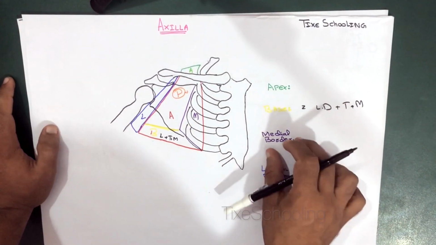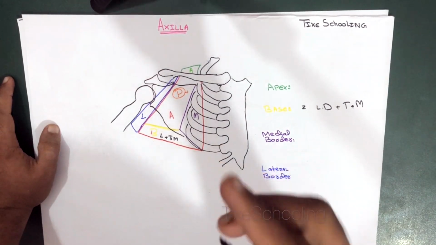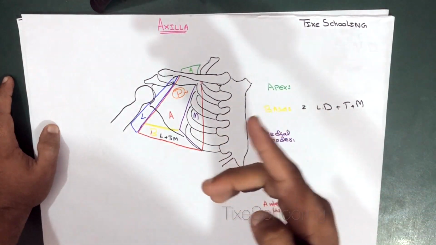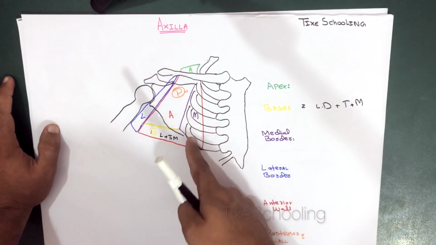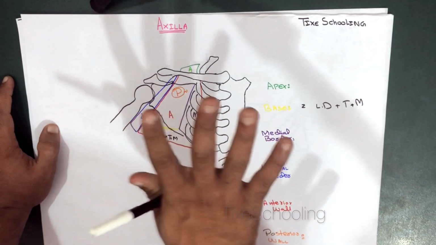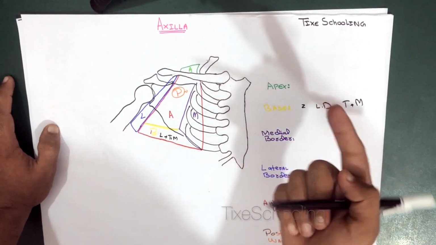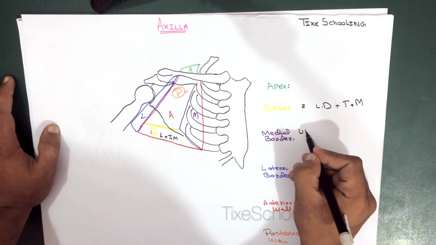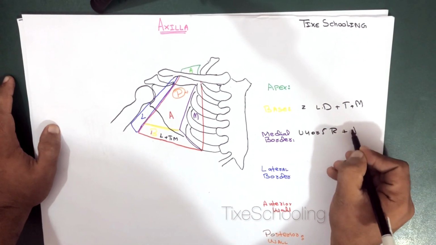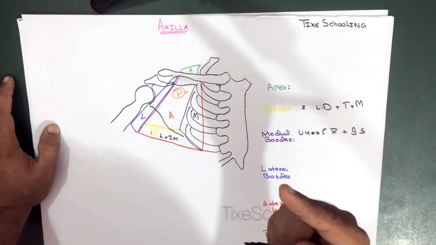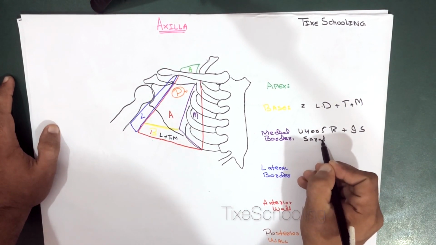Now the medial border, or you can say medial wall, is formed by the upper 4 or 5 ribs. 1, 2, 3, 4, 5. The medial wall is formed by the upper 4 or sometimes 5 ribs plus their intercostal spaces, and there is a muscle called serratus anterior.